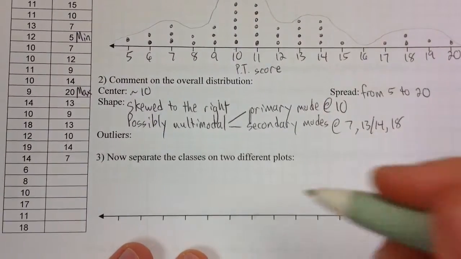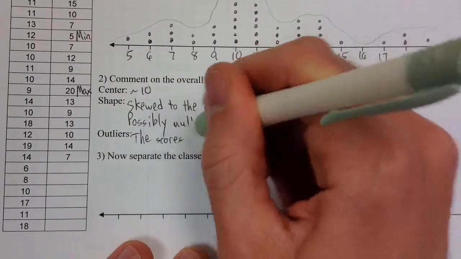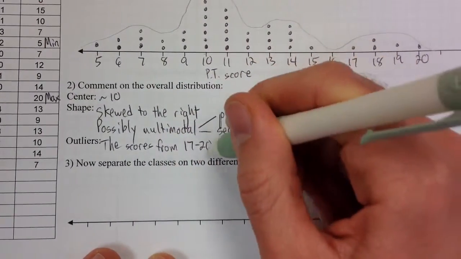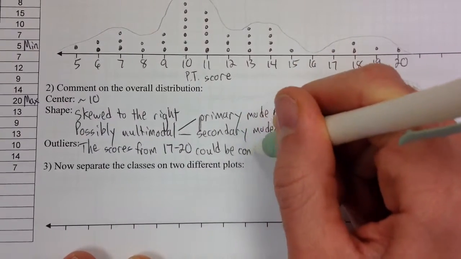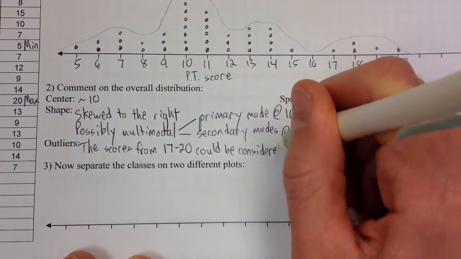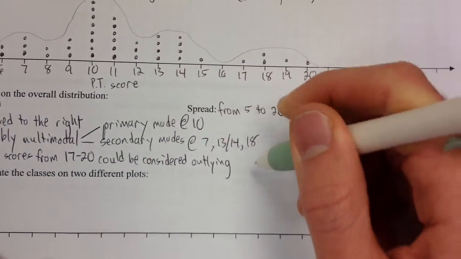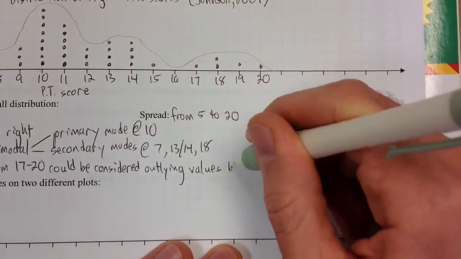So my response here is going to be: the scores from 17 to 20 could be considered outlying values because of the gap at 16.